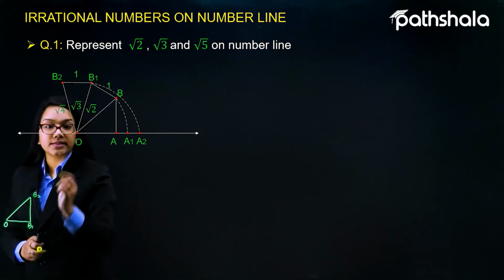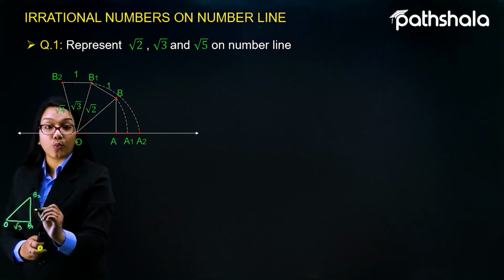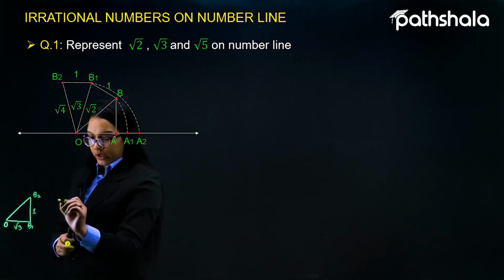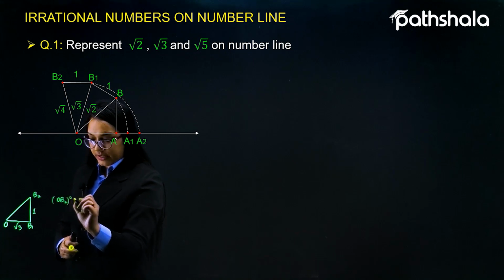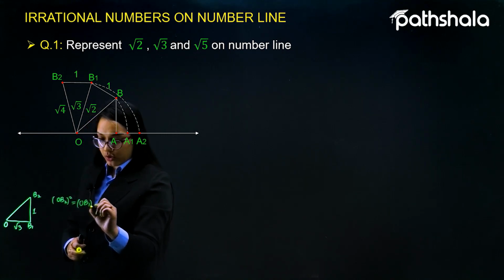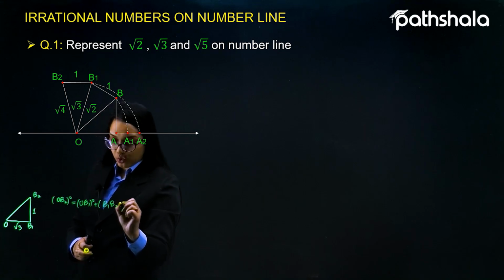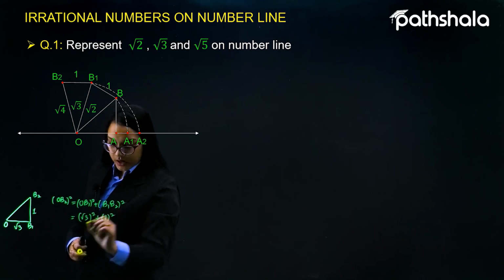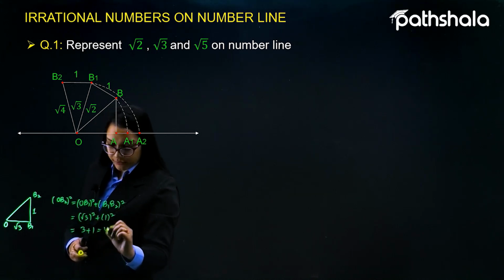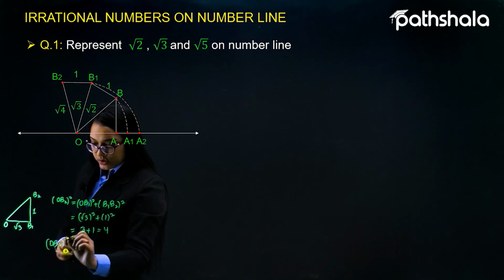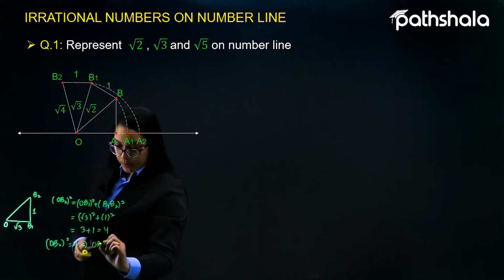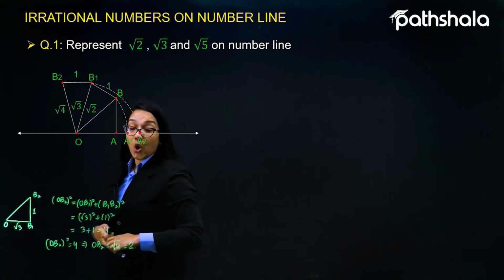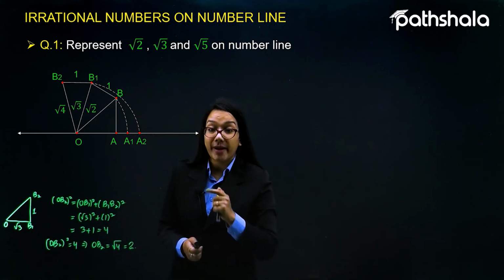As we know, OB1 is root 3 and B1B2 is 1. By the Pythagoras theorem, OB2 square is equal to OB1 whole square plus B1B2 whole square. So this is root 3 square plus 1 square, which will be 3 plus 1, which is 4. It means OB2 whole square is 4, which implies OB2 is root 4, and we can also call it 2. It means OB2 is 2 using the Pythagoras theorem.